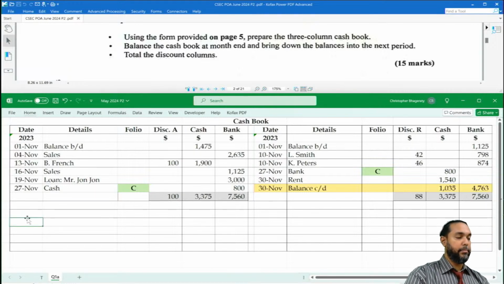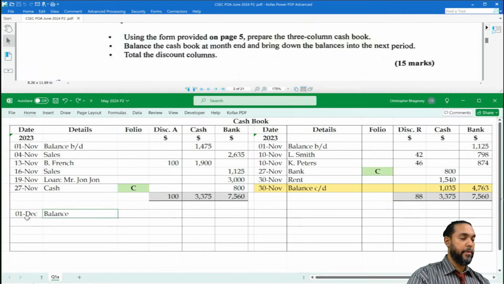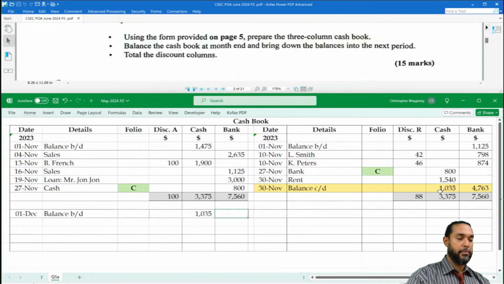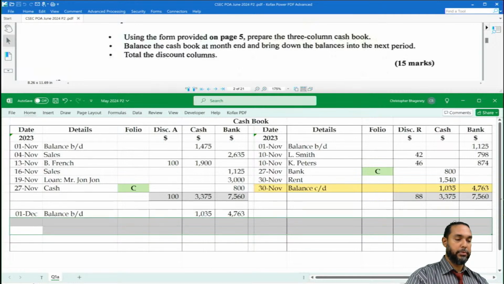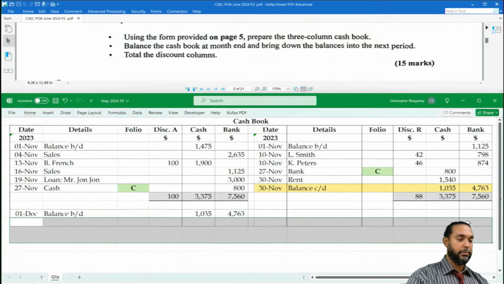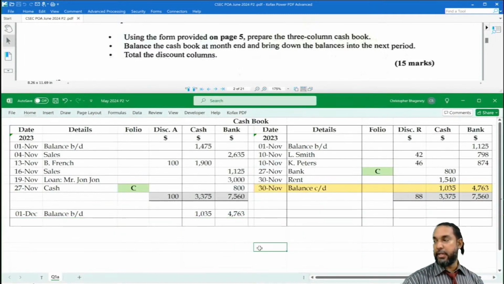So you can put 01-December. Sorry, 1 second. Yeah, and that is it.